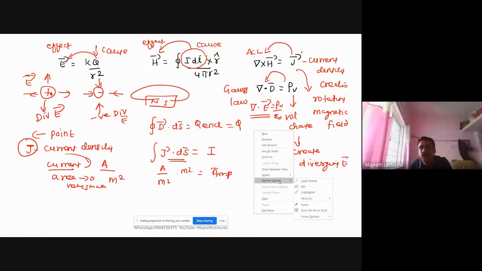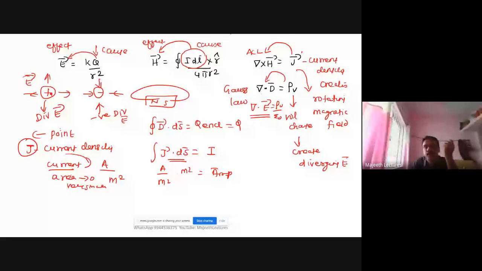The next one I want to emphasize is del dot J is equal to minus dou rho v by dou t. This equation is called the continuity equation. This is a very, very important equation.